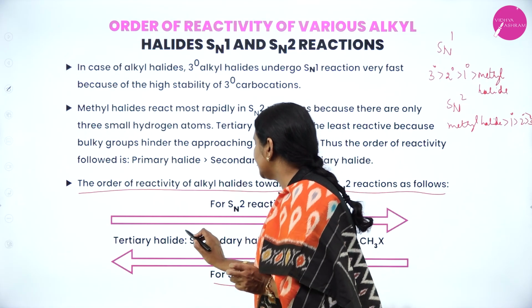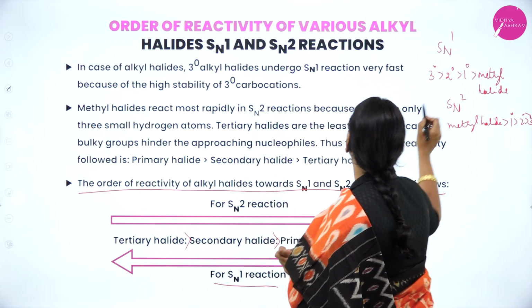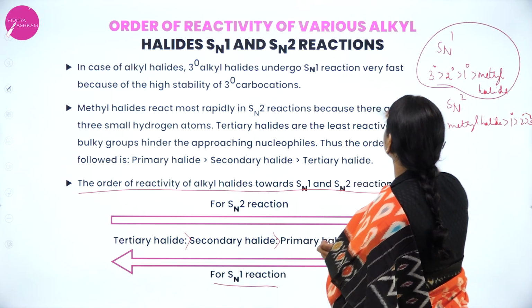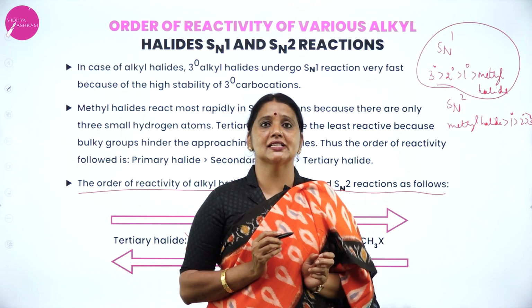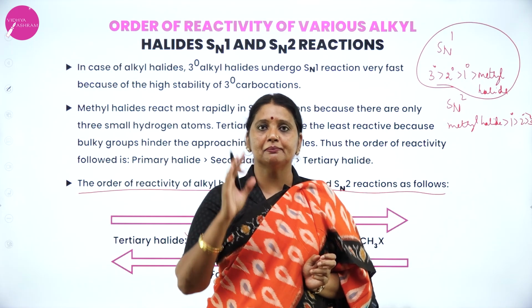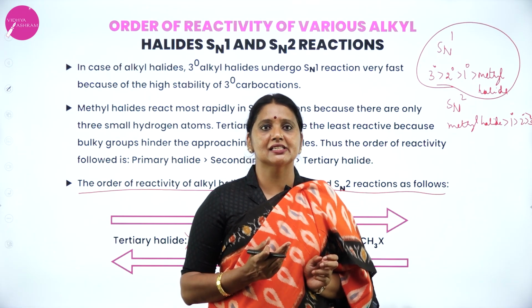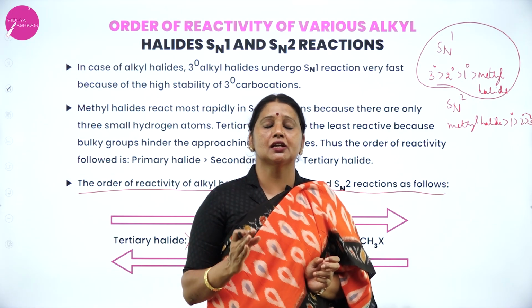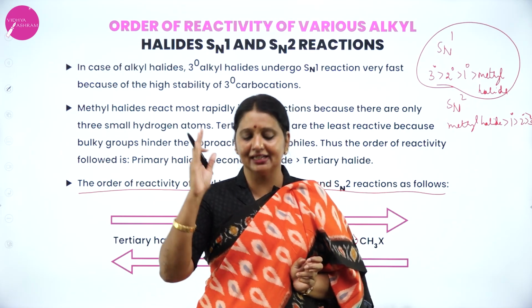For SN1, tertiary halide, secondary halide, primary halide. Therefore, what's the order of reactivity in case of SN1 mechanism? The order of reactivity in SN1 mechanism is tertiary, secondary, primary, methyl halide. The reverse of that, this is the order of which mechanism? SN2 mechanism. For SN2 mechanism, methyl halide, primary, secondary, tertiary.